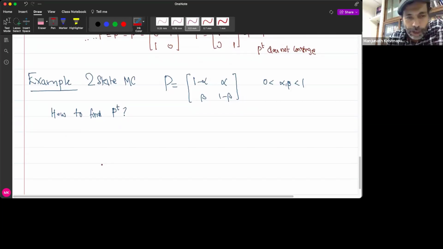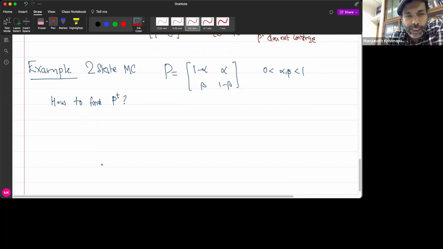Most of you would have seen some matrix theory, linear algebra. Suppose we can diagonalize P. Suppose I can write P as X D X inverse, where D is a diagonal matrix.